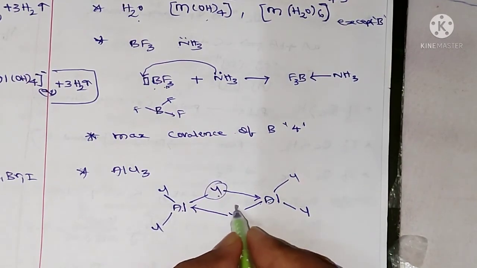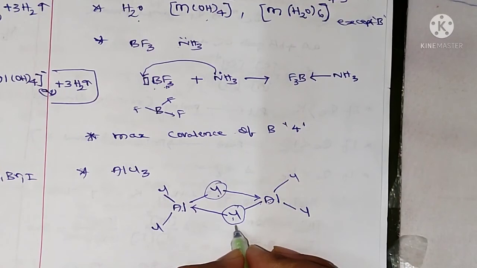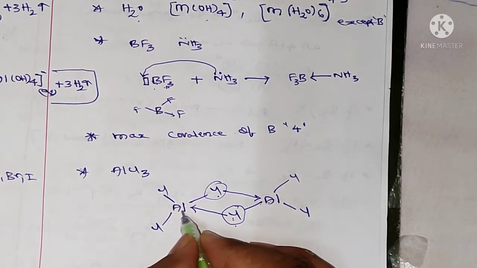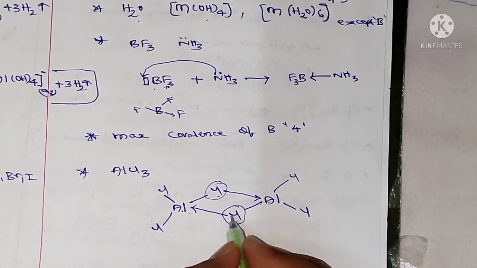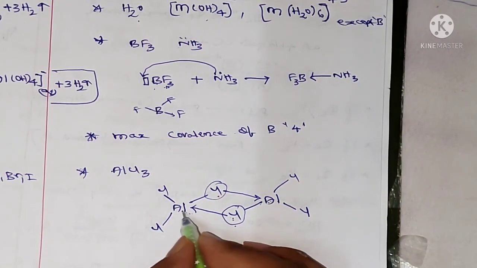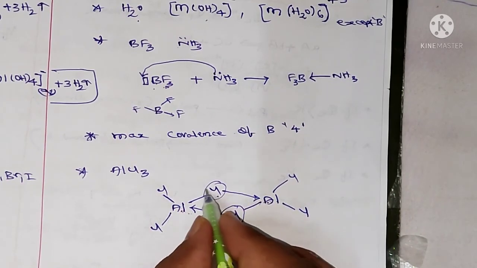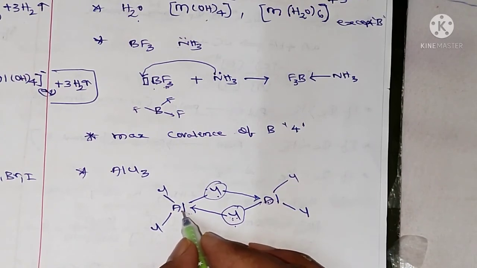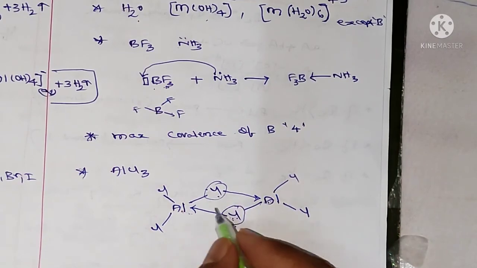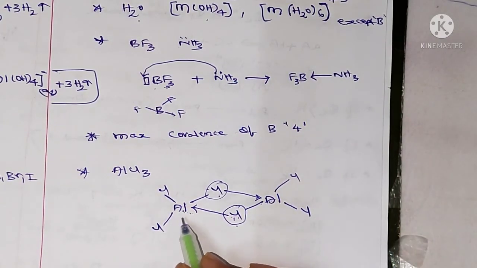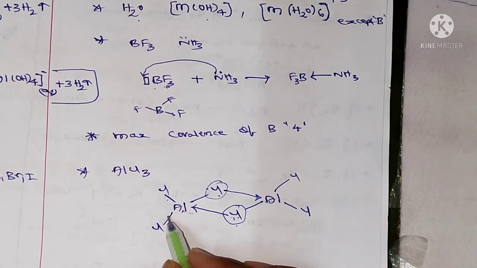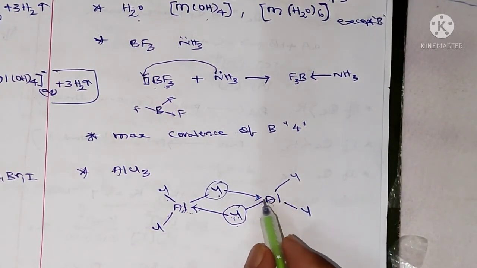So these chlorines act as bridges, and the aluminiums accept the electrons from the chlorines. So AlCl3 completes the octet by dimerizing. Here there are 8 electrons around that aluminium, 2 plus 2 plus 2 plus 2, total 8 electrons, and here also 8 electrons around that aluminium.